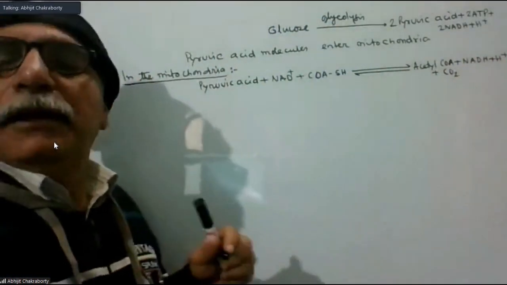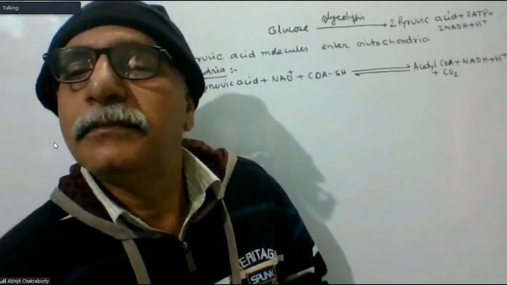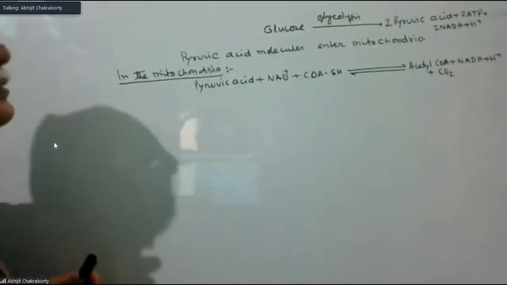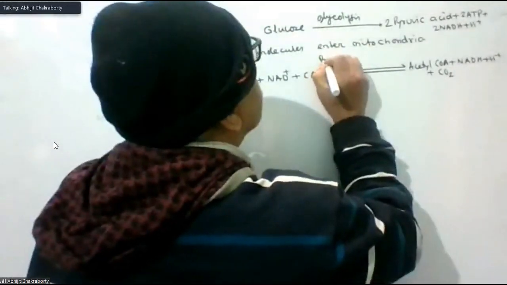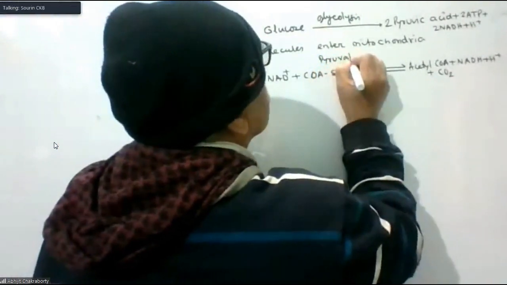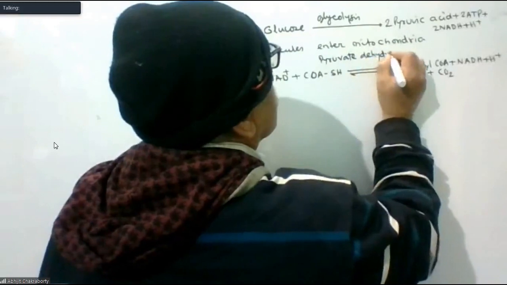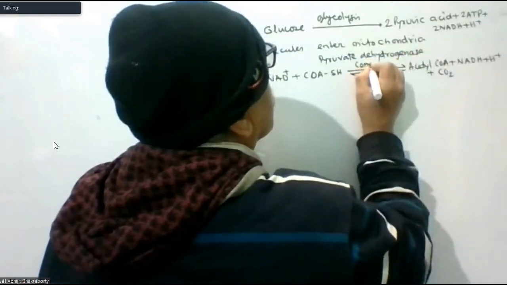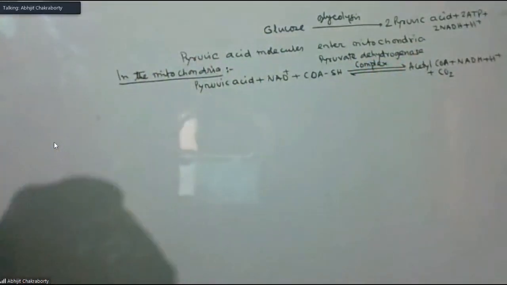is the first step where carbon dioxide is produced. And the enzyme is pyruvate dehydrogenase complex.